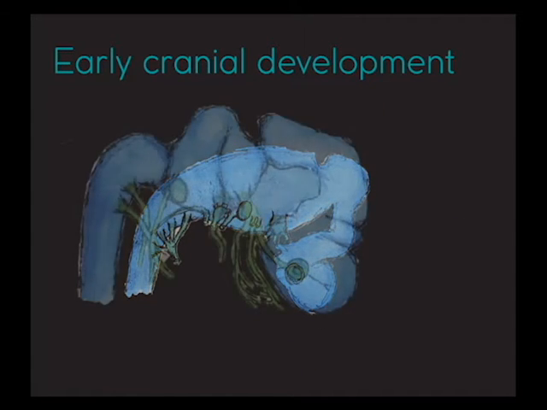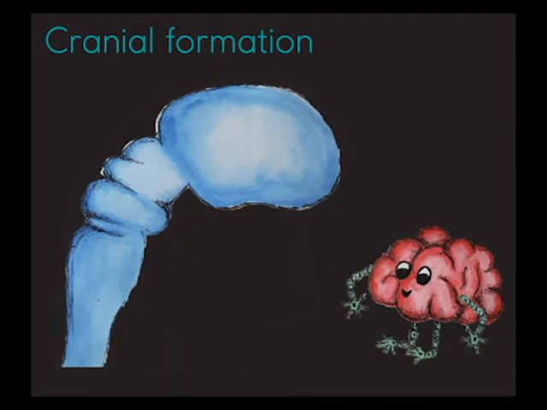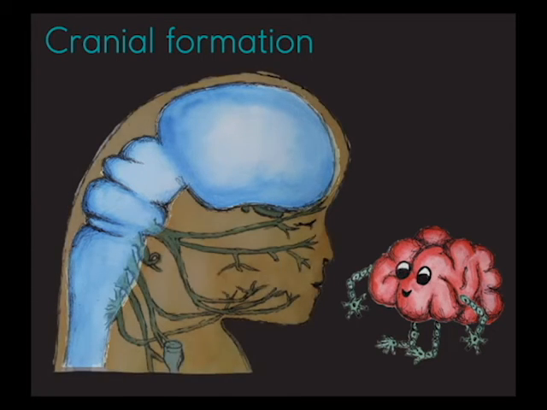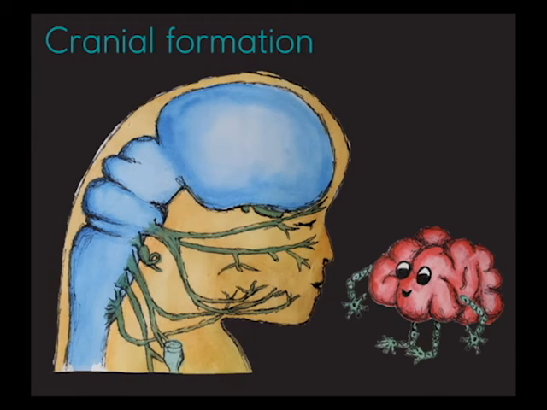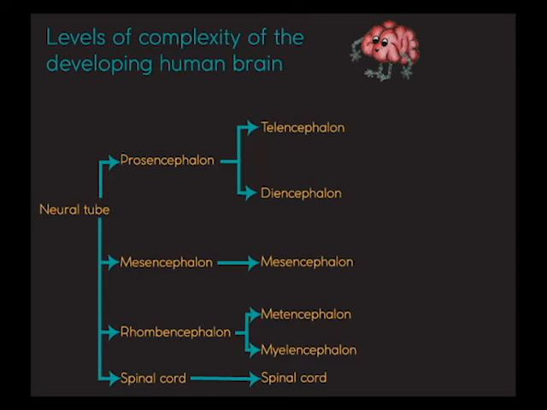The early embryonic brain continues to grow and to develop. These subdivisions of the early embryonic brain are the foundations that will develop into the complexities of the human brain.